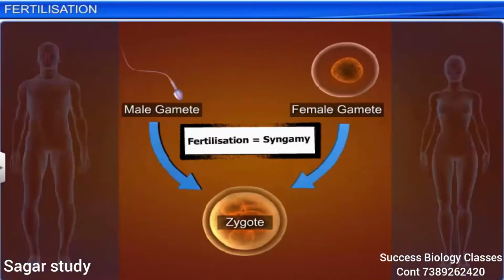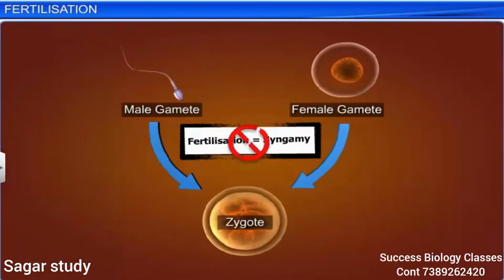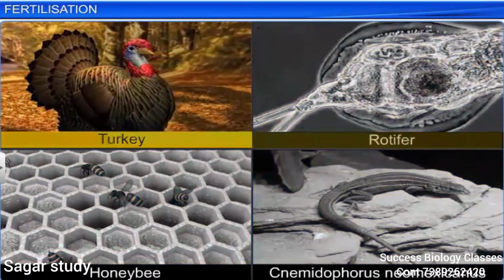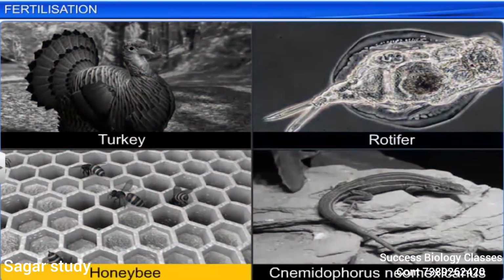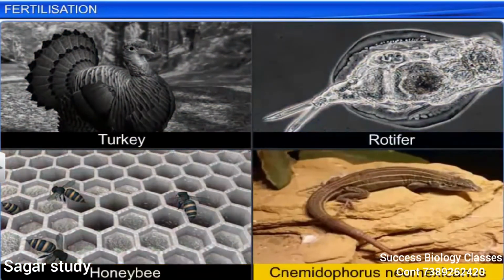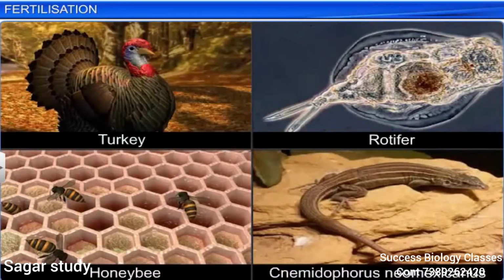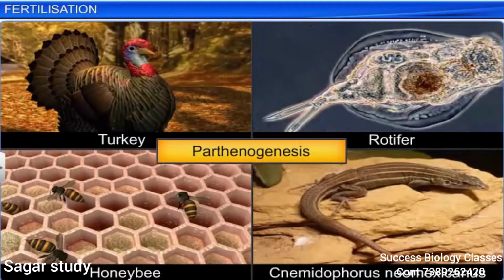Interestingly, fertilization does not occur in every sexually reproducing organism. In certain organisms, such as turkey, rotifers, honeybees, and even some lizards such as Cnemidophorus neomexicanus, a process called parthenogenesis takes place.